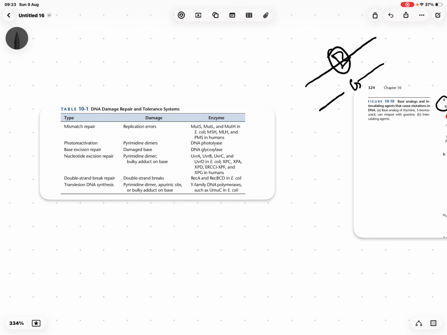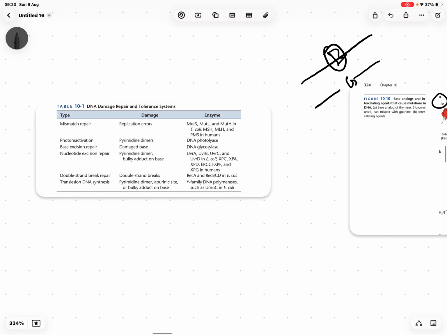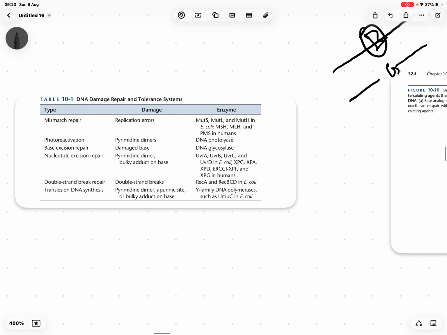Here we can see the different proteins involved in these repair systems. For example, in the mismatch repair system, MutS is the protein which scans the DNA sequence wherever the mismatch mutations are there. MutL is the protein which helps MutS, that means it stabilizes the MutS protein.